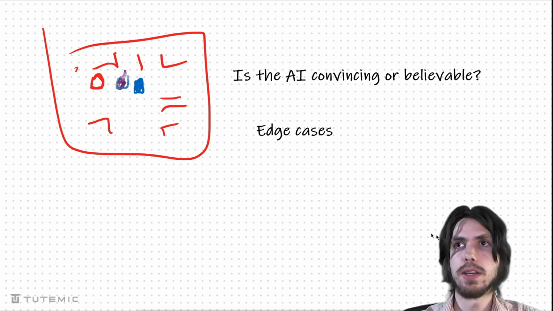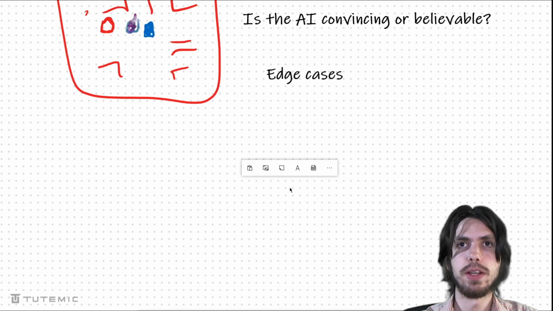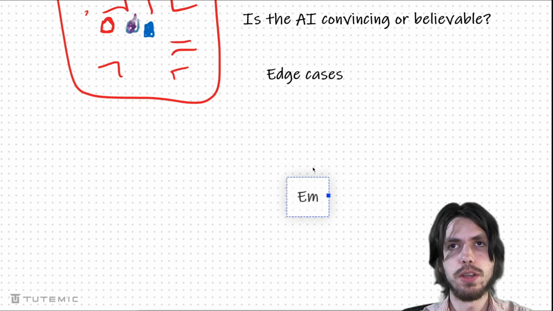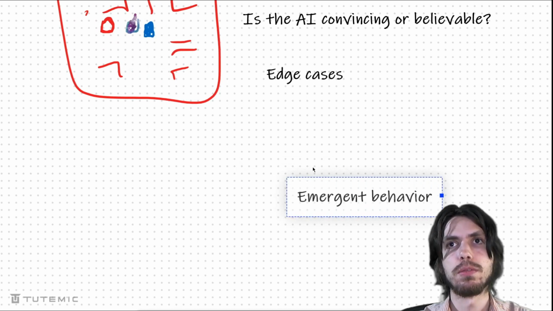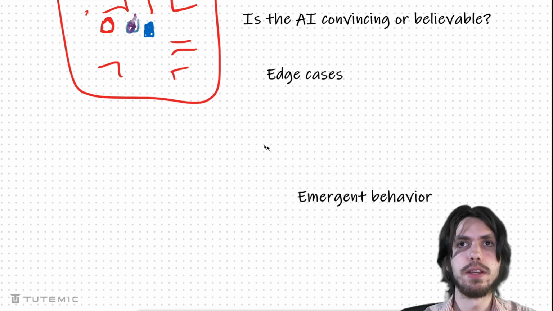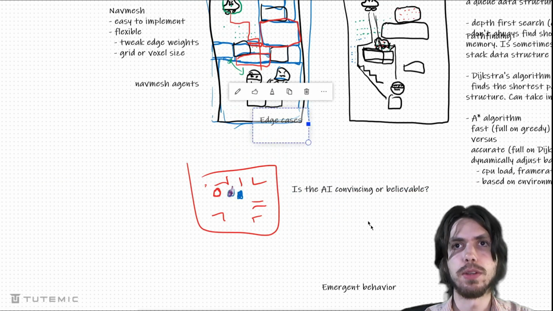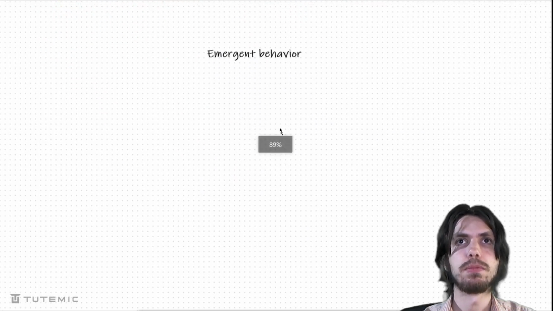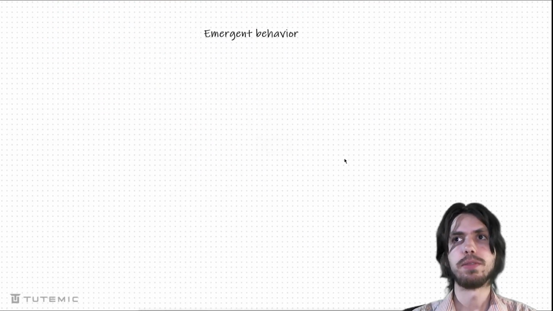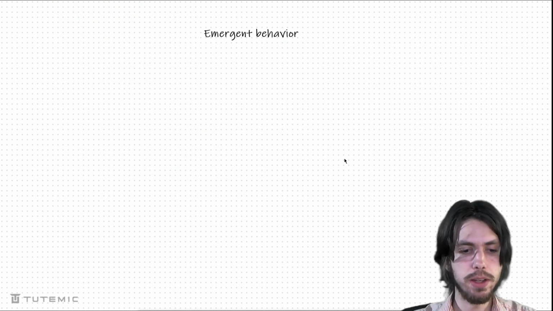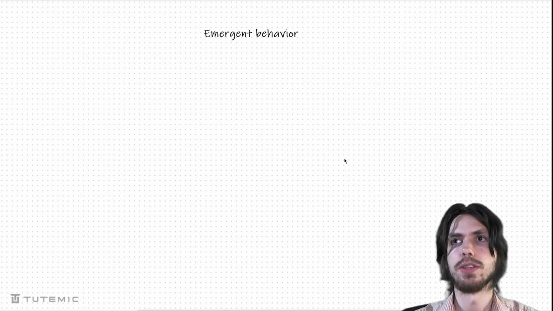Anyways, the last thing that I want to talk about is this whole idea that some of you may have heard, which is emergent behavior. This idea of emergent behavior. I'm just going to draw some more down here. Emergent behavior. And see, these are kind of fancy words that you might hear. It has to do with artificial intelligence to some degree.